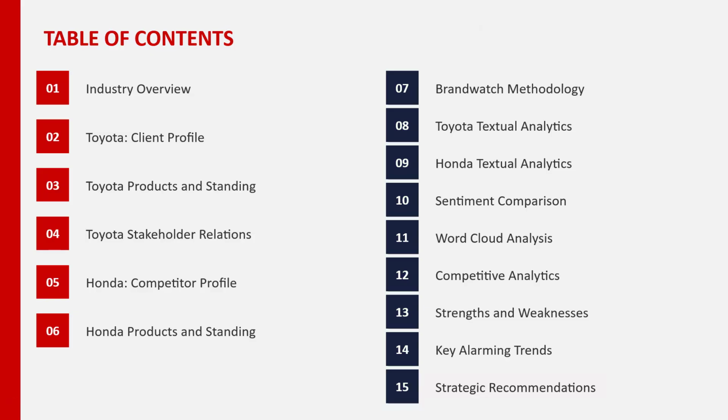From there, we'll move into Brandwatch methodology, where I will share textual analysis, sentiment data, and word cloud results for both brands. We will then compare them head to head before wrapping up with strategic recommendations and a conclusion.